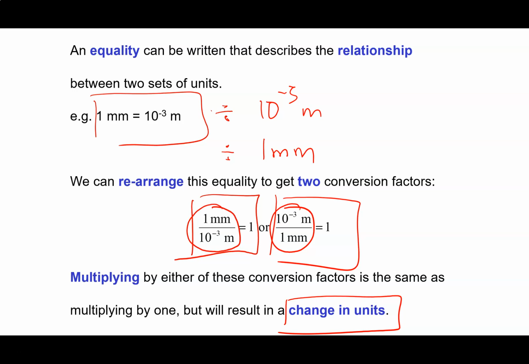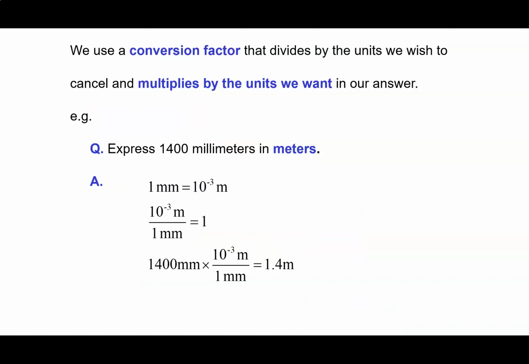Where do we get these conversion factors from? We get them from these things called equalities. Some of these equalities we're going to memorize, like those 6 decimal prefixes. Others we're going to look up in tables. Whenever we use a conversion factor, we always make sure that we have the units that we wish to eliminate on the bottom line of our conversion factor and the units that we want in our answer in the top line.